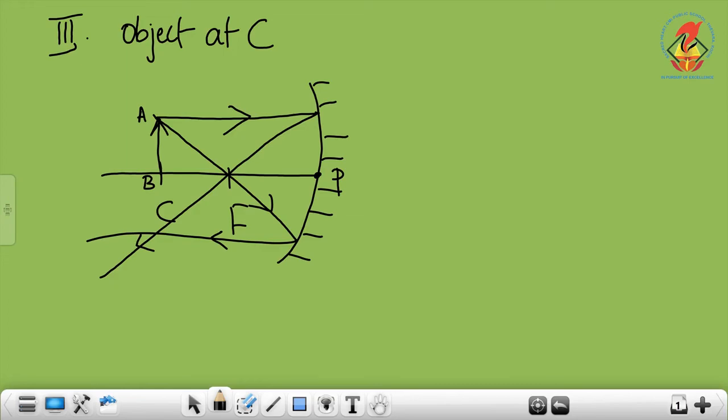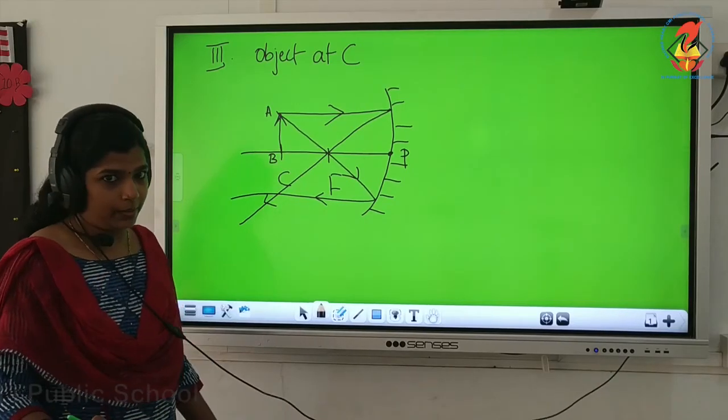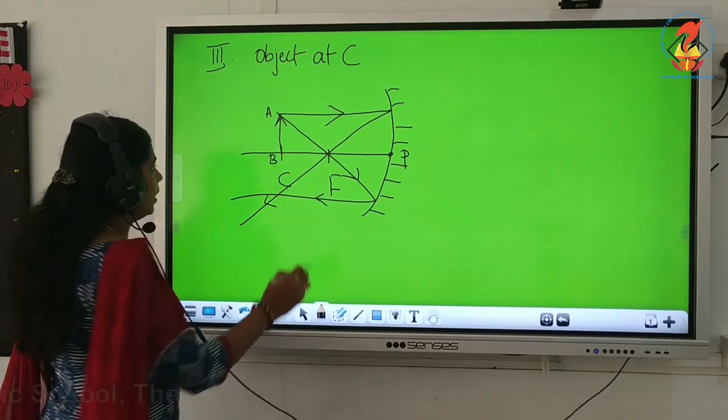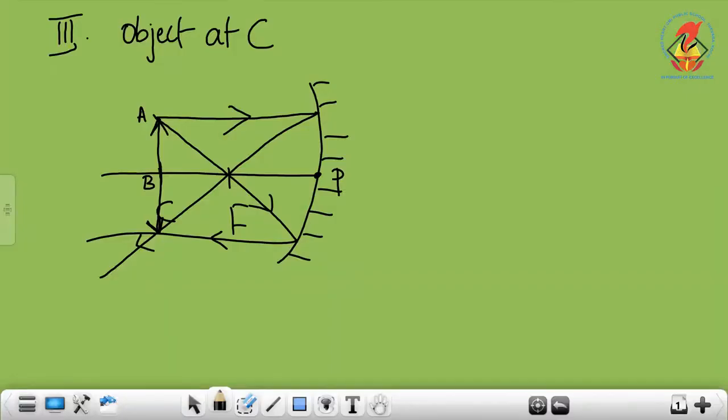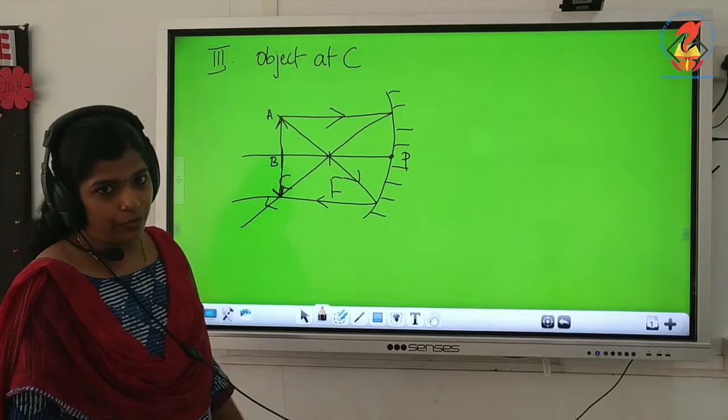So, where these two rays intersect, at that point you will get the image. Here, these two rays intersect at C itself. At C itself, the two reflected rays meet. So, you will get the image at C itself.